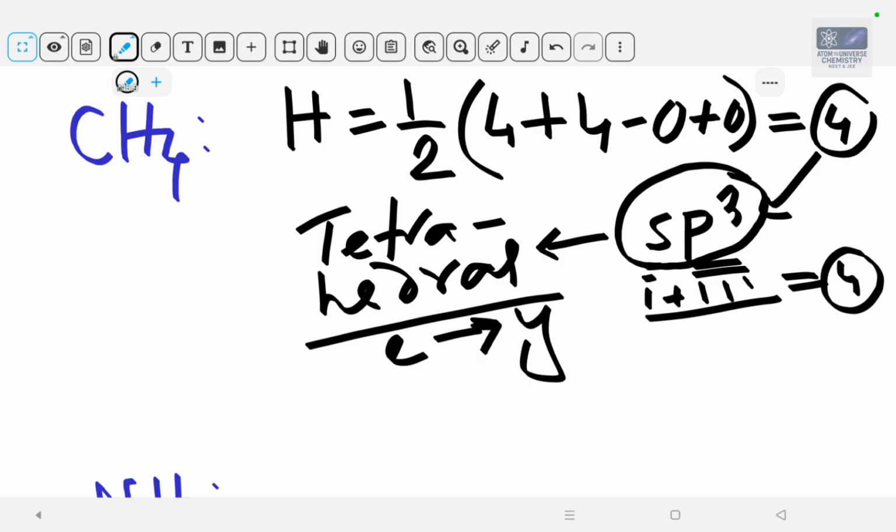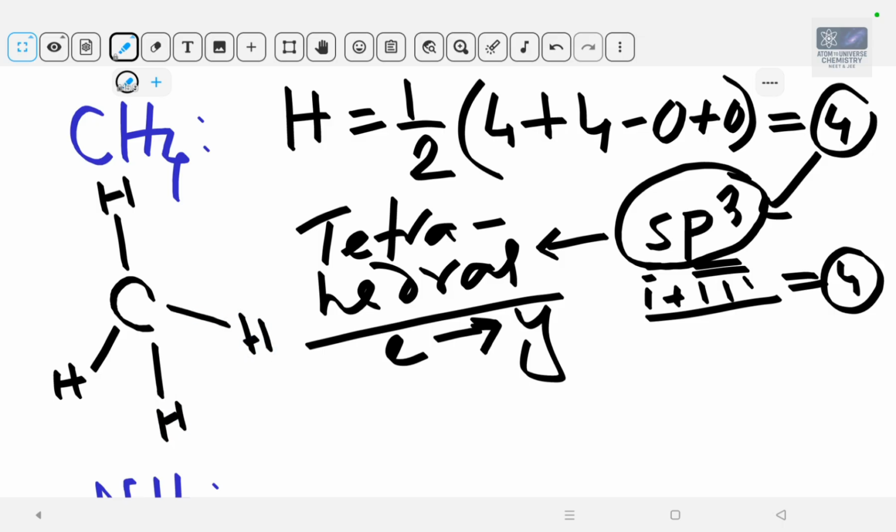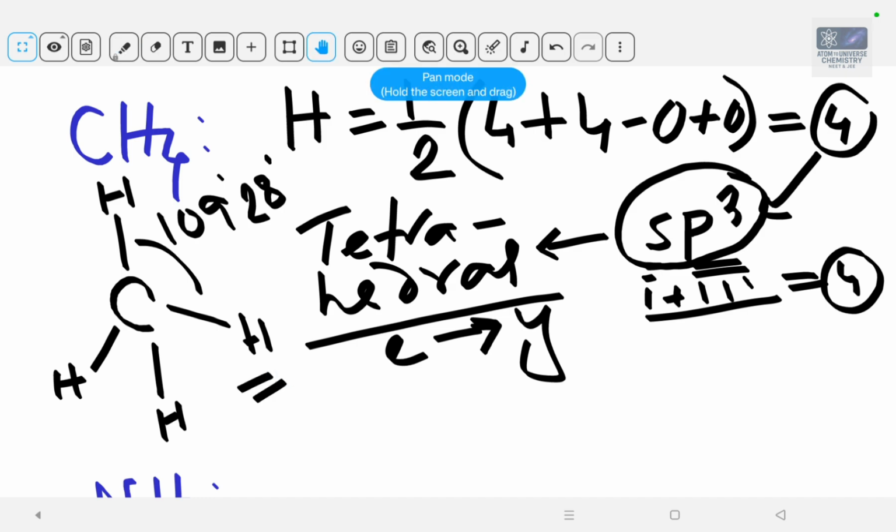How it looks like: C is the central atom, with hydrogen, hydrogen, hydrogen, and hydrogen. The angles in between are 109 degree 28 minute. Okay.